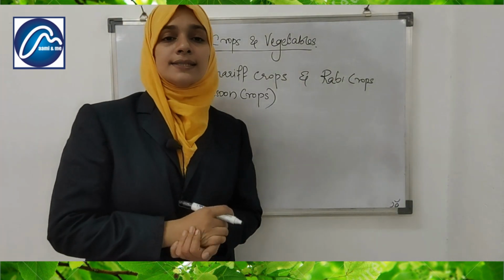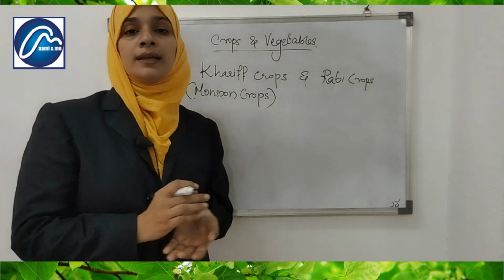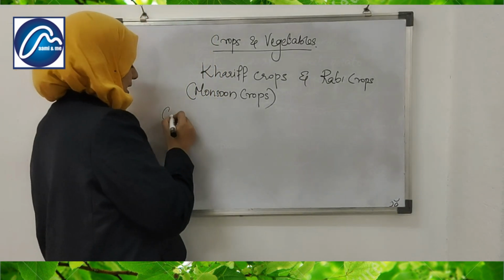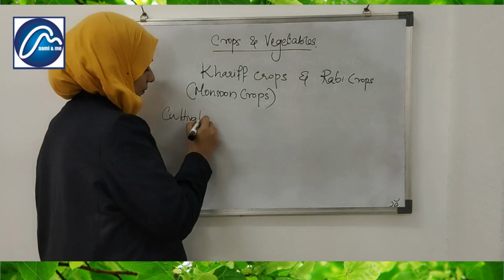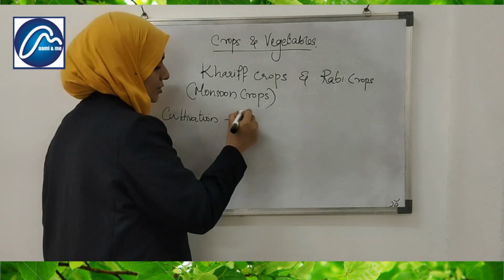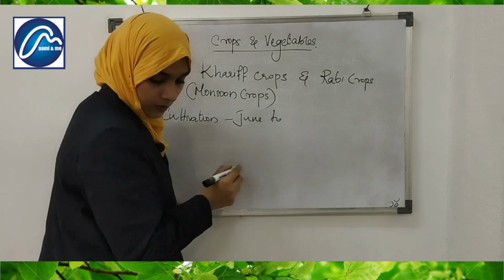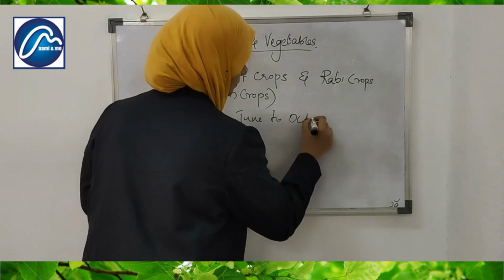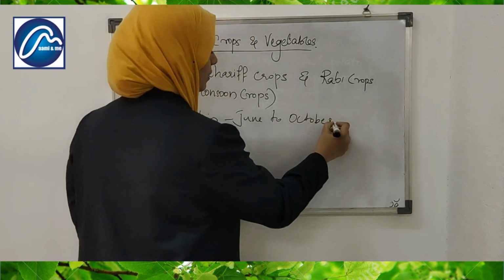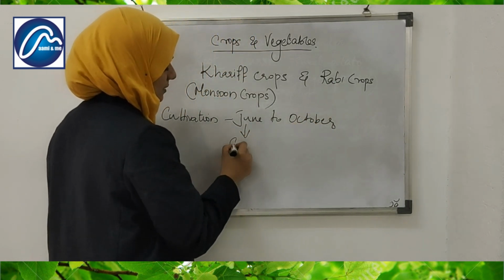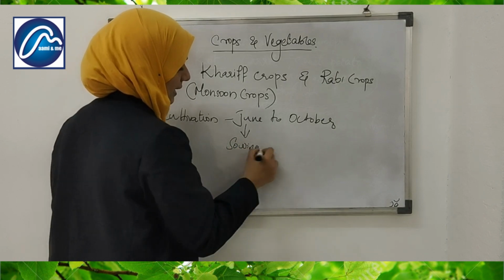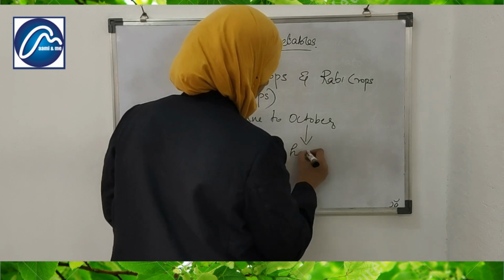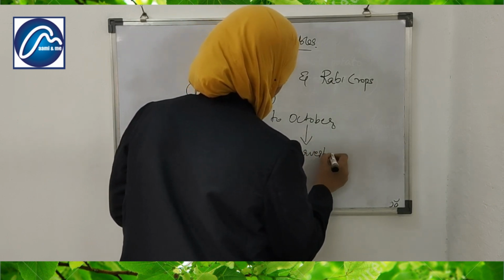Because these kharif crops are sown during the monsoon season, that is, the cultivation starts from June to October. Sowing starts in June and harvesting takes place in the month of October.